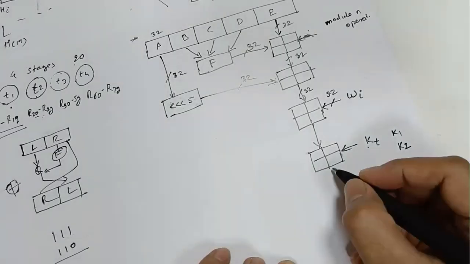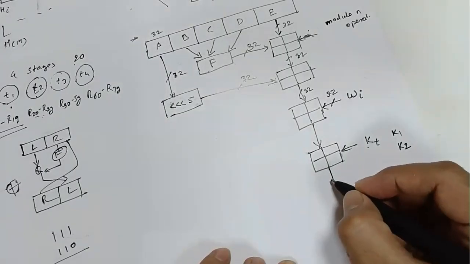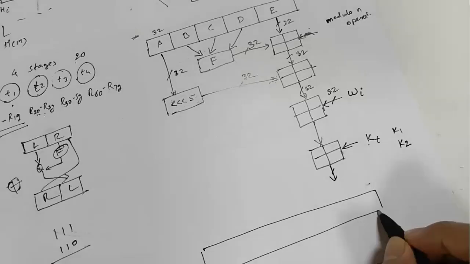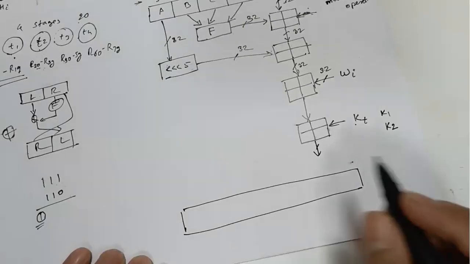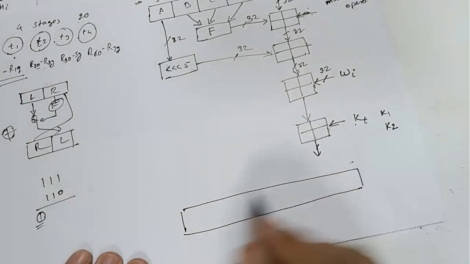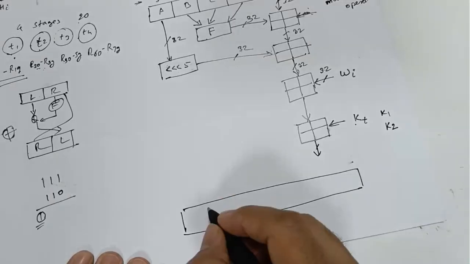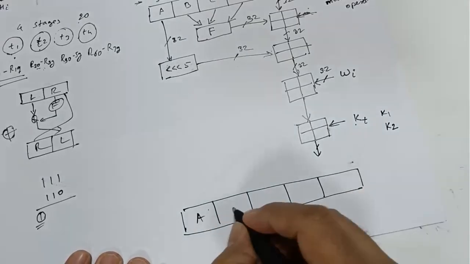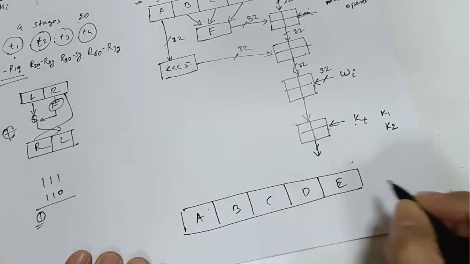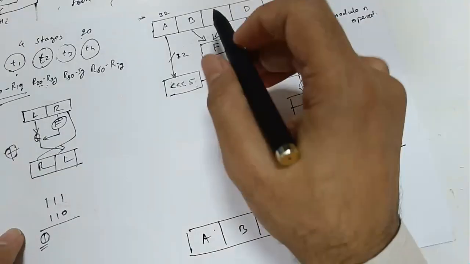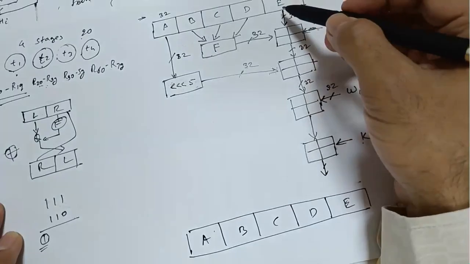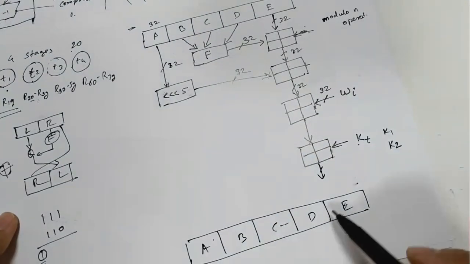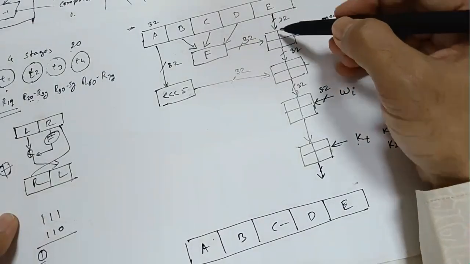Then the output of this is going for the next round. So this is the next round's block. That means the next round has again 5 blocks: A, B, C, D, E. This is the input for the round, and this is the output. So this E block is getting encrypted.